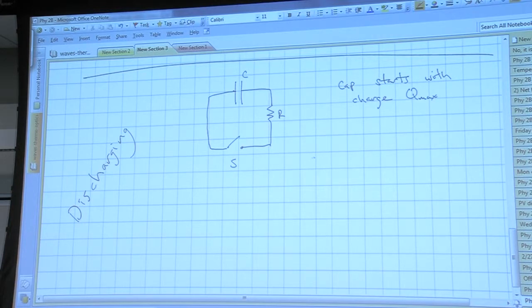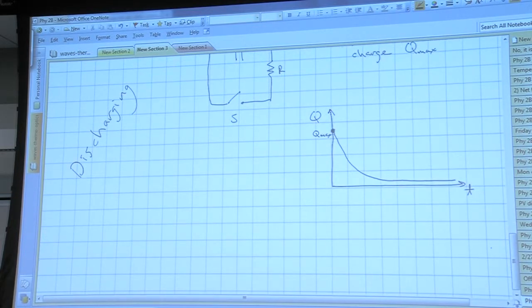The charge on that capacitor as a function of time, it starts out at Q max, and then it decays, and after a long time it goes to 0.